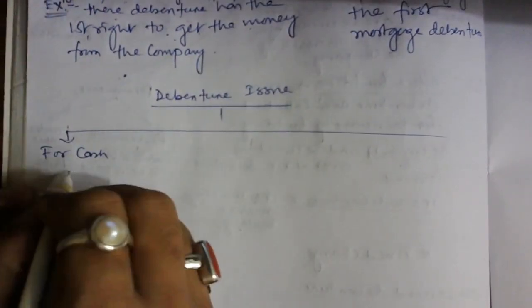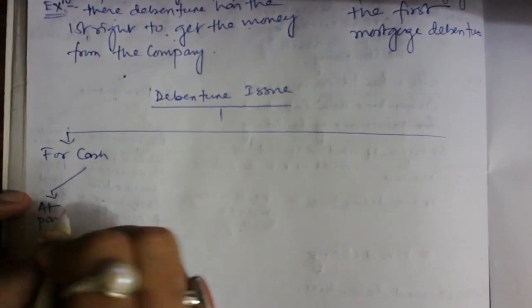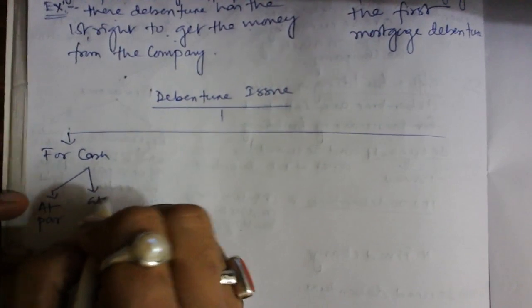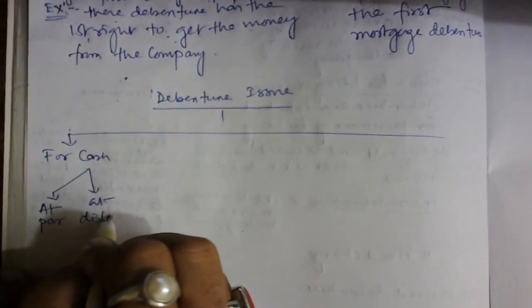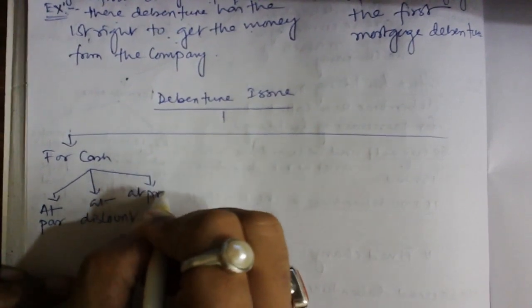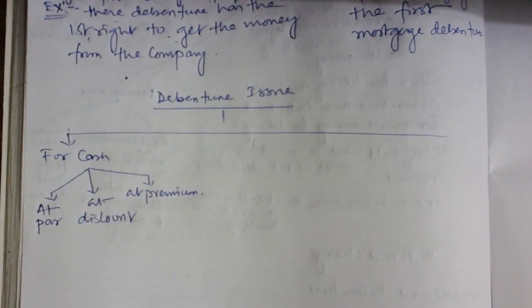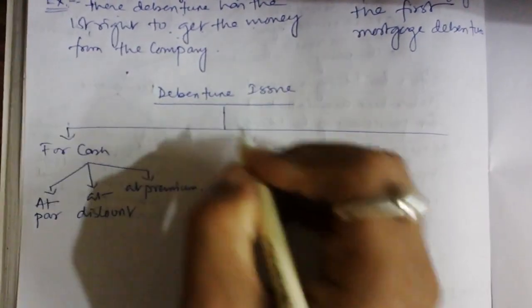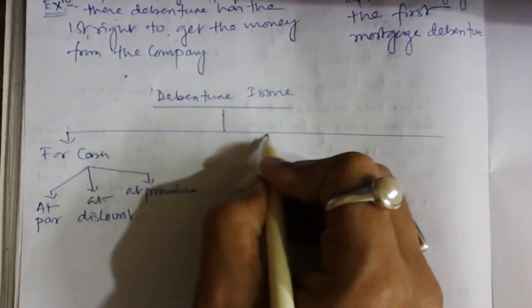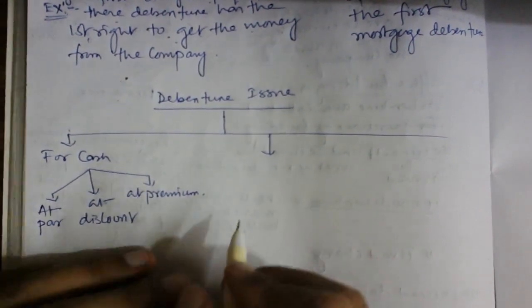For cash, either you can issue at par, or at discount, or at premium. Any one of them you can use. So debenture can be issued either in cash, or you can issue as consideration other than cash.